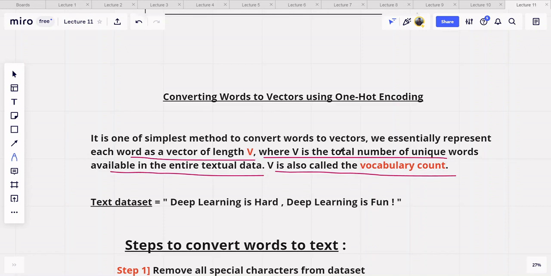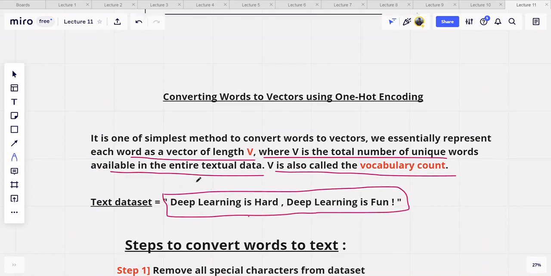So for example, take this sentence, and let's assume that this is our entire text data. In reality, natural language processing data sets may contain millions of sentences.